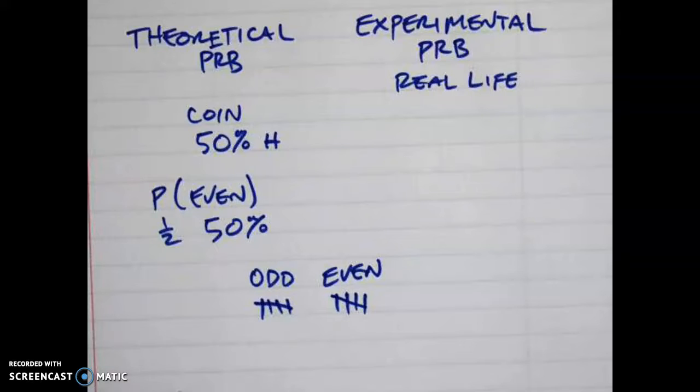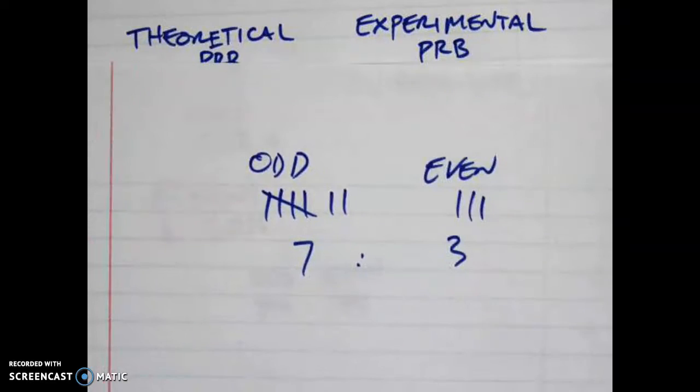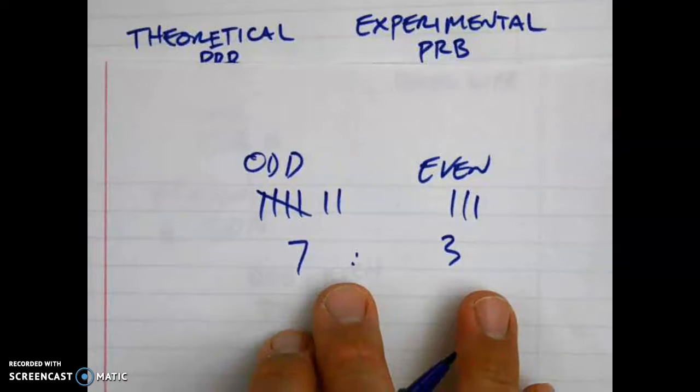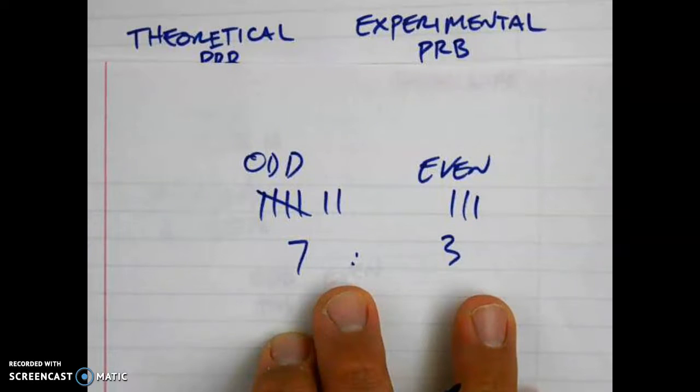Okay, my first period, this was my tally for my first period. I rolled an odd 7 times and I rolled an even 3 times in my first period. So if you just looked at this data, you would say, oh, the chances of me getting an even is going to be 3 out of 10, or 30%. Is that true?